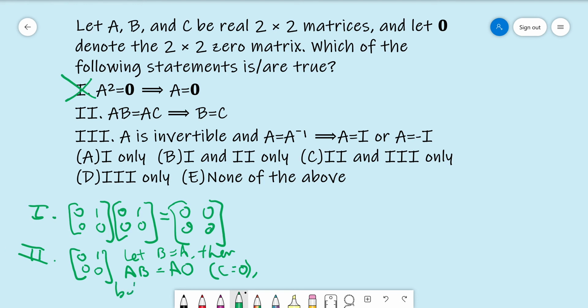But B, which is actually A, does not equal 0, which is actually C. So 2 cannot be correct.